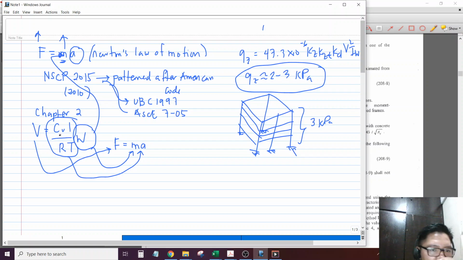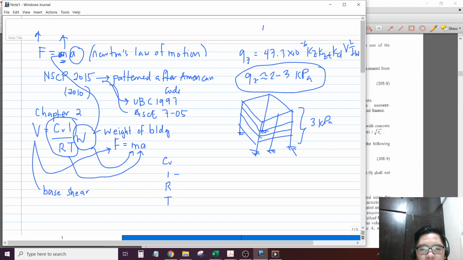In short, to get the V, which is the base shear, you need first to get the weight or the mass of the building. And then find these coefficients from the NSCP, which is Cv, I, R, and T.